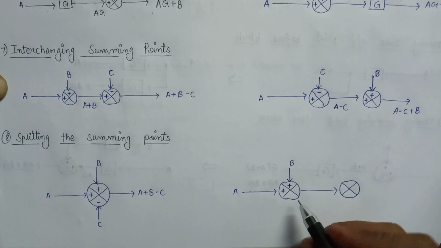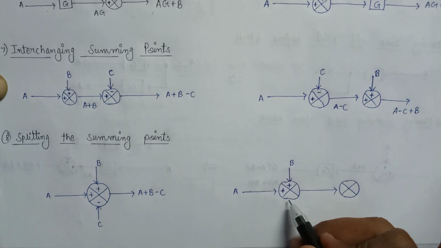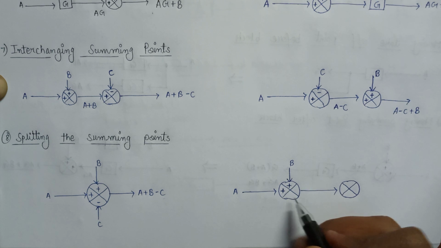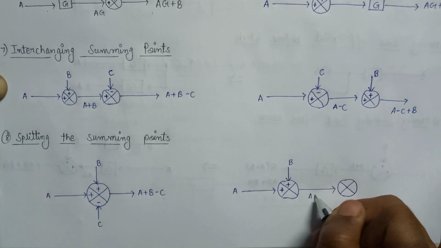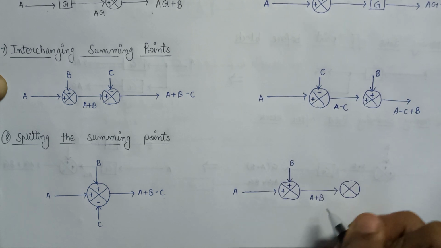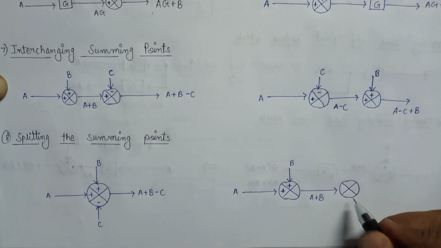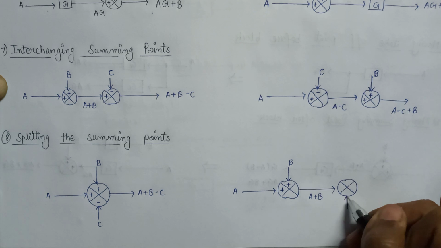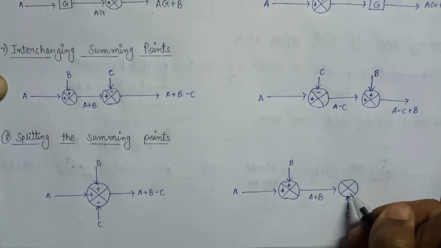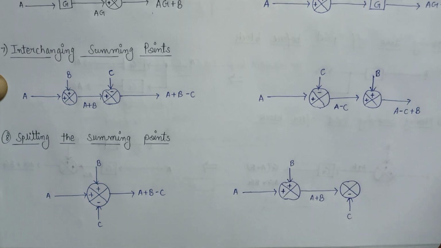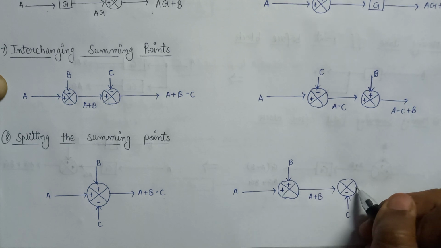Now have a look at the output of this summing point. The output of this summing point is nothing but A plus B, and to this summing point another input, that is C with negative polarity, is applied. So what will be the overall output?